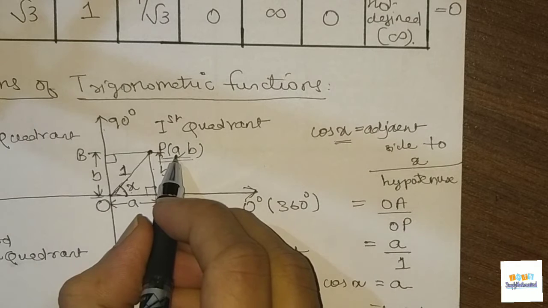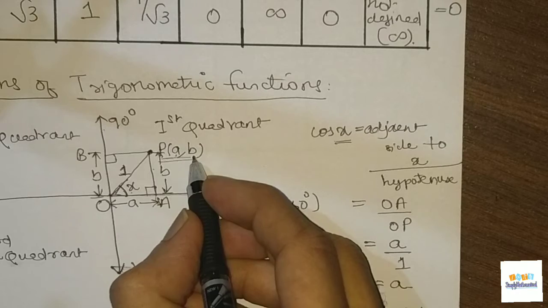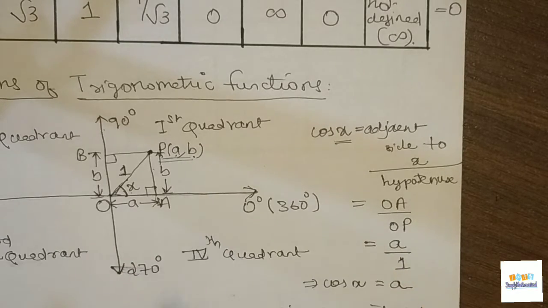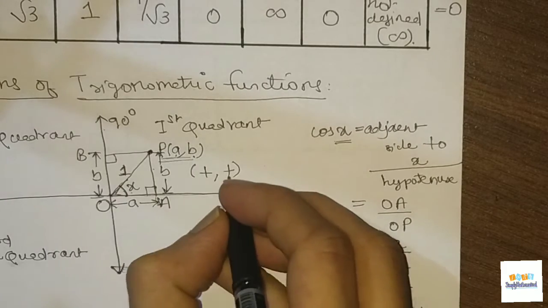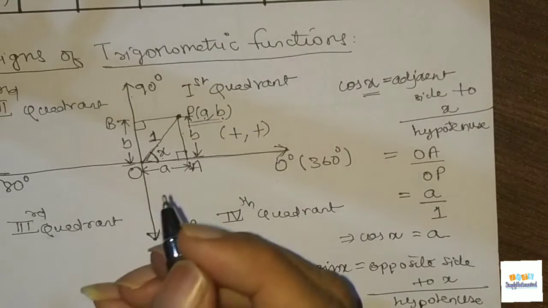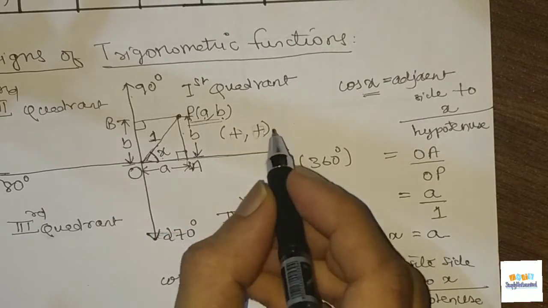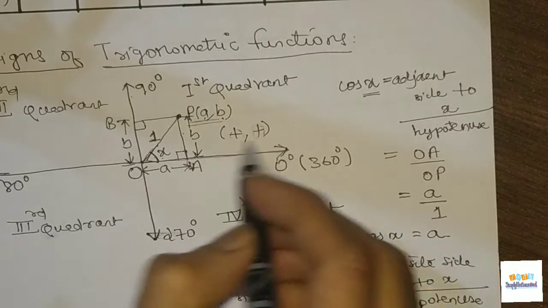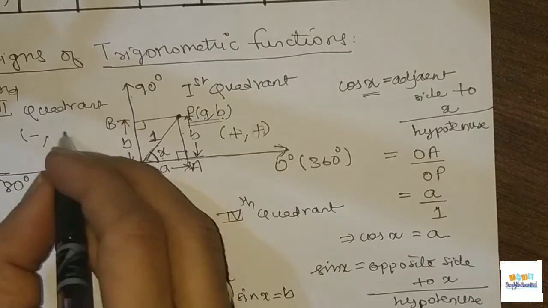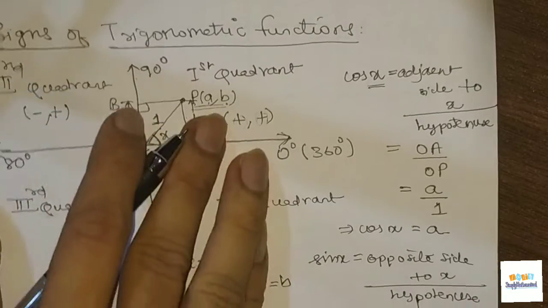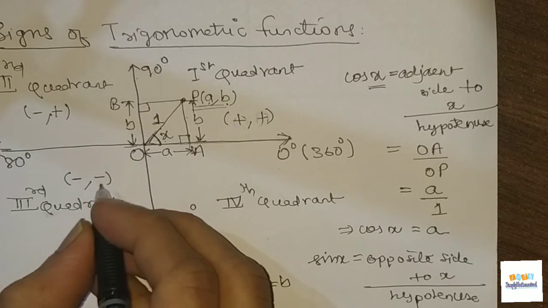Now you know that this A is nothing but the x coordinate, B is the y coordinate. In the first quadrant you always have x coordinate as positive and y coordinate as positive. You have studied this in earlier classes. In the second quadrant, x is negative and y is positive. In the third quadrant, x is negative, y also is negative.